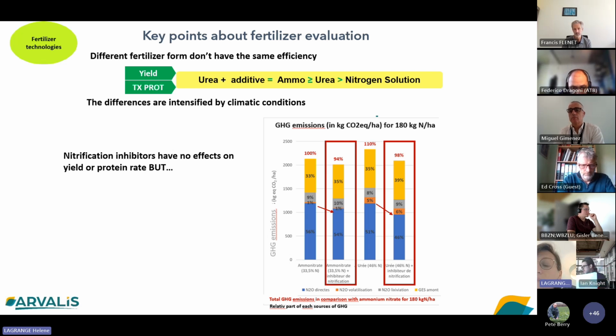N2O emissions. Well, I won't go into details, but in the graph here, you have ammonium nitrate, then you have ammonium nitrate and nitrification inhibitor. Then you have urea, and then you have urea and the nitrification inhibitors. So the blue part is N2O direct emissions. And so you can see that thanks to the use of the inhibitor, you reduce N2O emissions.